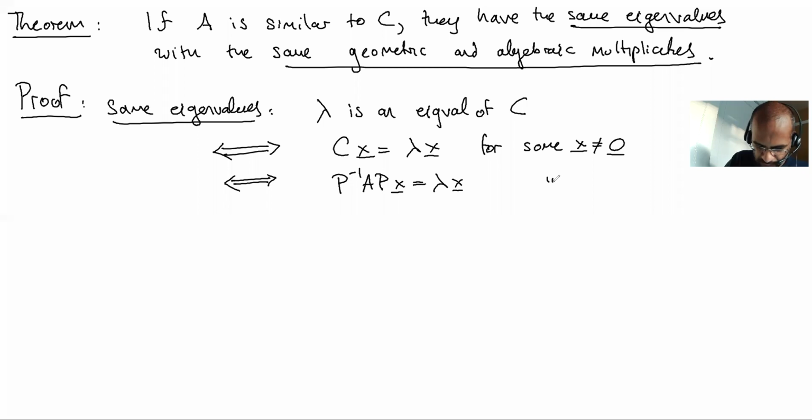And now I want to conclude that lambda must be an eigenvalue of A. Can anybody think about how to reach a statement that tells me something about the eigenvalues of A?